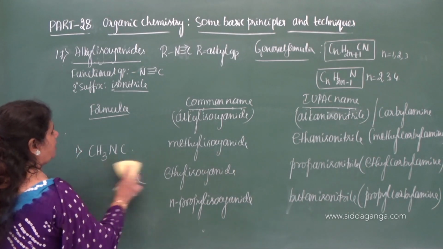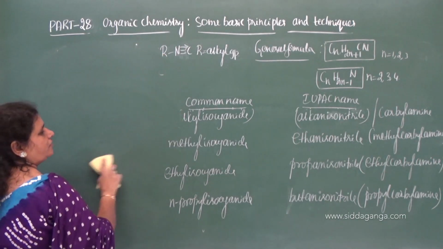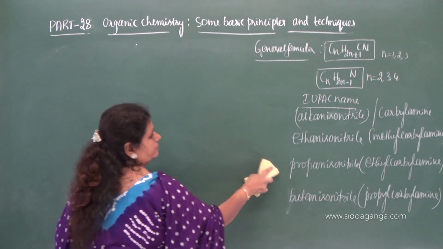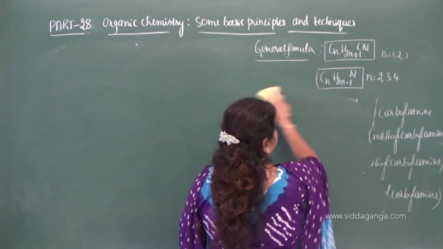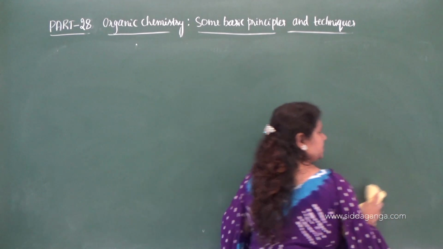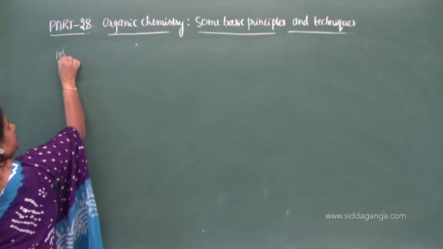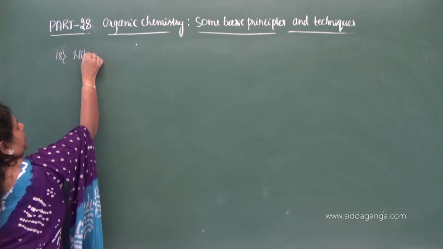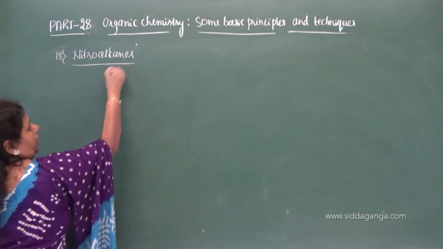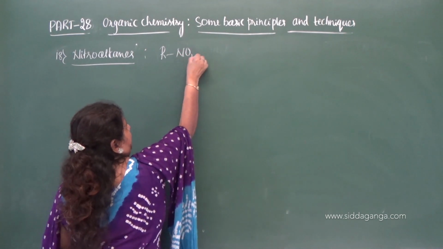Now move on to the last one, the 18th one. Last one, that is nitroalkanes. Nitroalkanes, they are represented as RNO2.